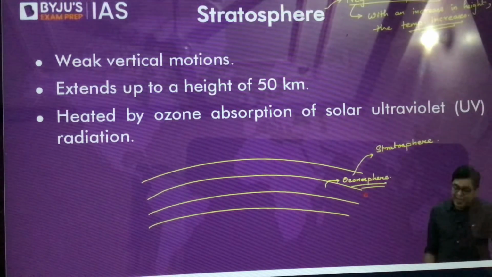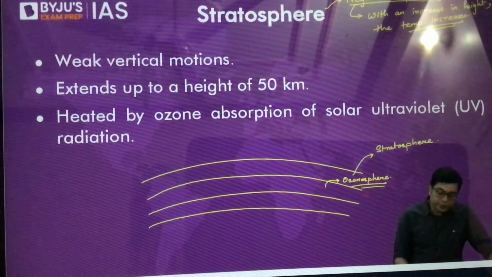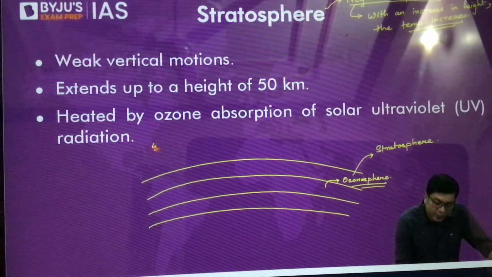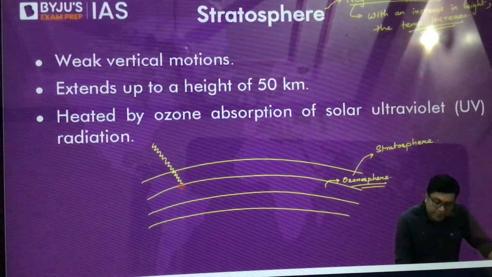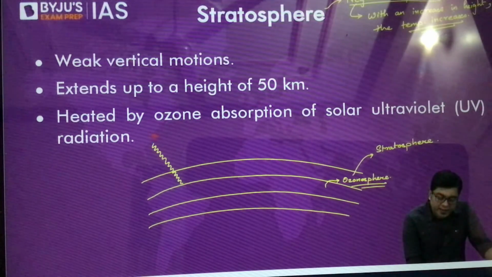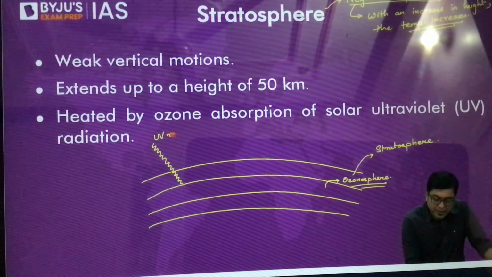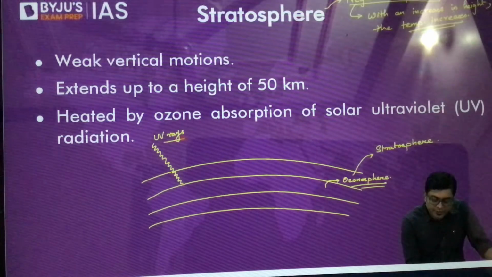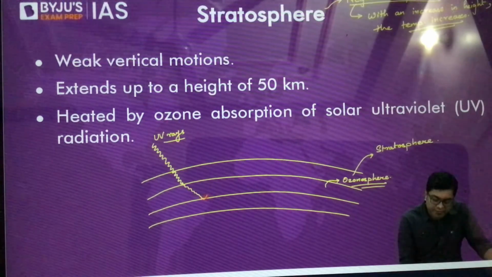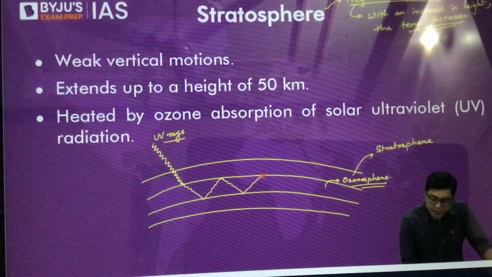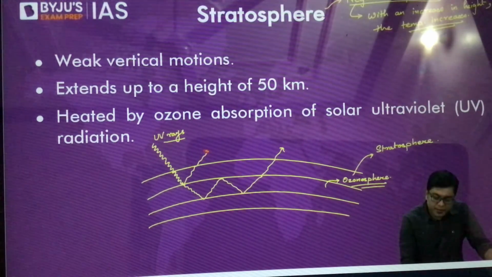Now, when we talk about the ozonosphere, the ozone layer is the one which not only reflects but filters out the UV rays, ultraviolet rays of the sun. The ultraviolet rays of the sun fall upon the ozone layer, thereby they are reflected, they are filtered out. Right?